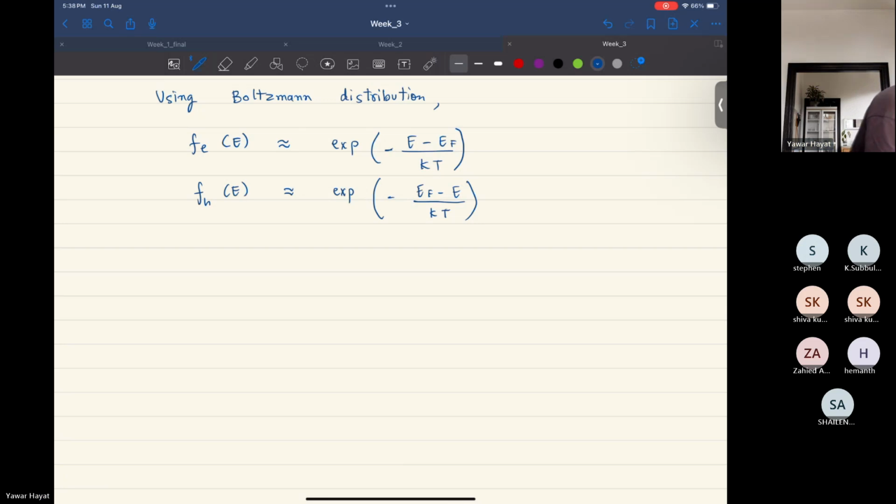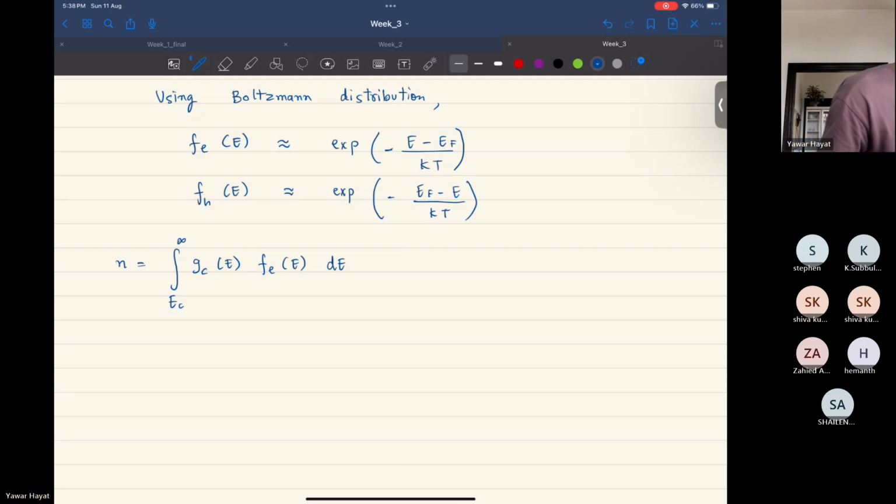So what is then n? We know that n is equal to integral EC to infinity GC of E FE of E dE, right?